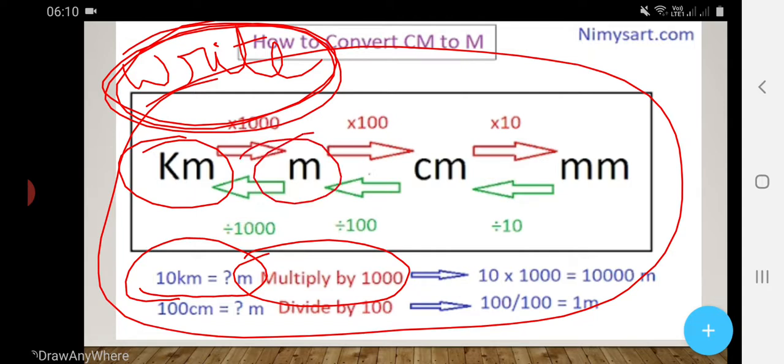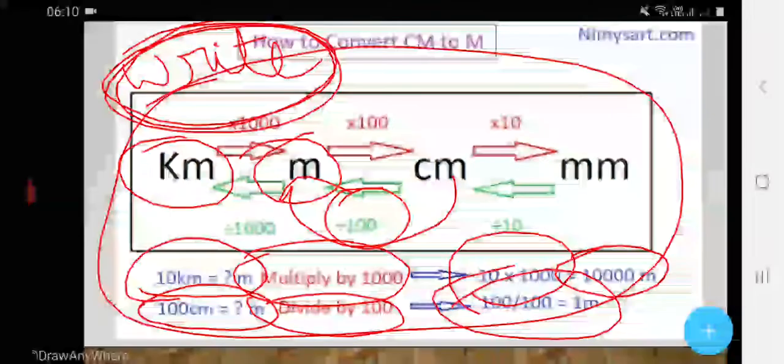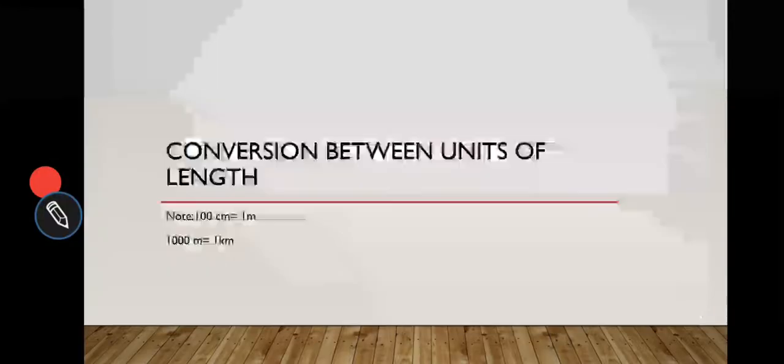That is, 10 into 1000 is equal to 10,000 metre. 100 centimetre is equal to how many metre? Divide it by 100, because I want to go centimetre to metre. That is, 100 by 100 is equal to 1 metre. Write this in your copy.